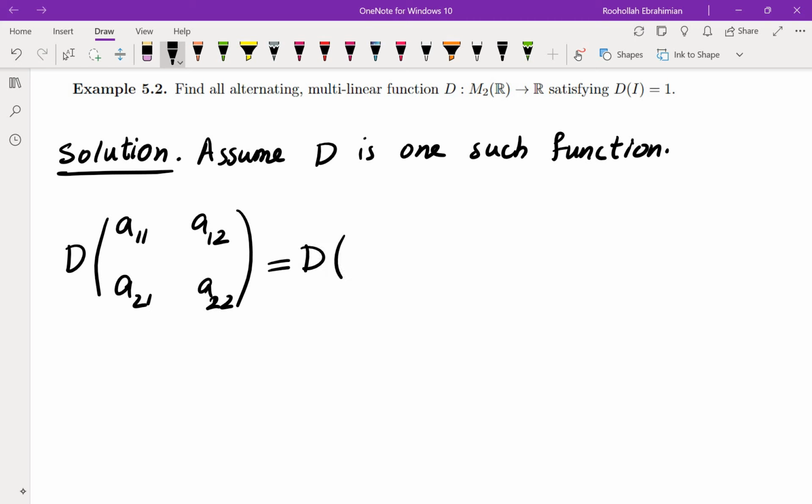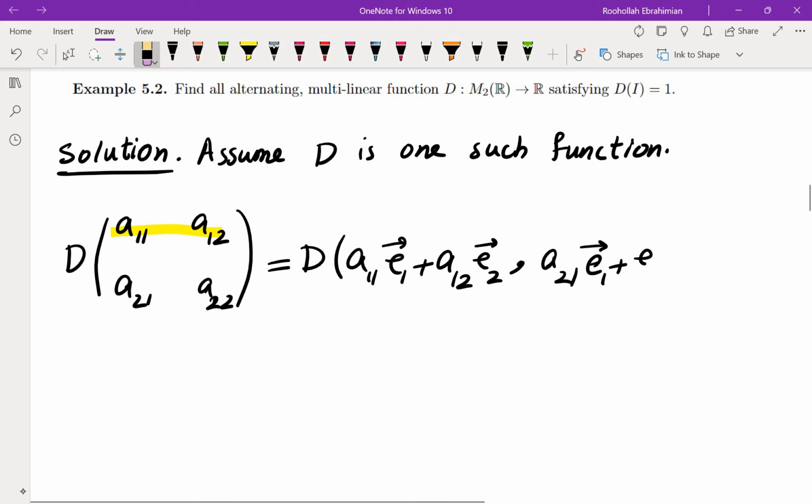Let me write it in the horizontal form because that's a little bit more convenient. The first row in terms of E1 and E2 is a11 E1 plus a12 E2. The second row is a21 E1 plus a22 E2.